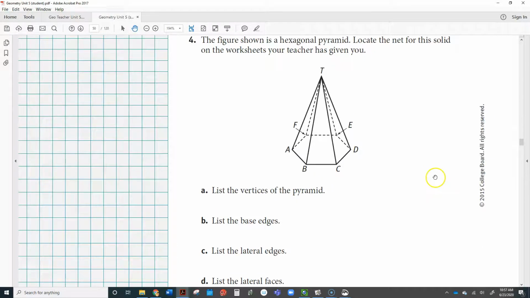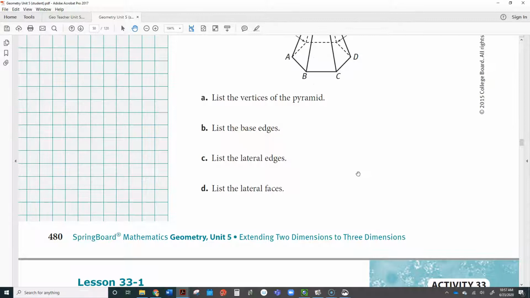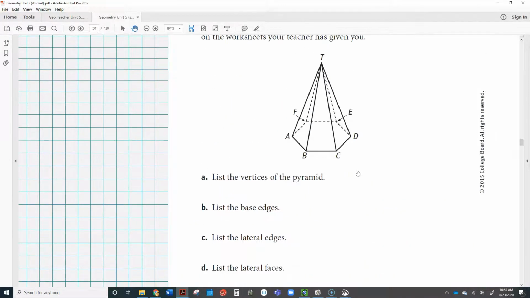In this figure shown is a hexagonal pyramid. Locate the net for this pyramid on the worksheet. So I didn't give you a worksheet, so here I will just attempt to draw it. So let's get the hexagon going. This is my rule for drawing a net: draw the base first, okay? And then you have the faces to draw.